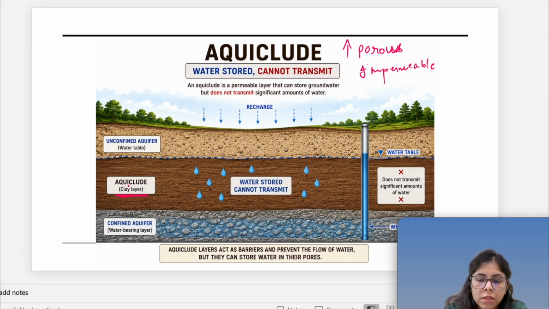So this is what an aquiclude is. And here you can see the unconfined aquifer: there is no impermeable layer above it, so if water comes here, it can be drained easily. In the confined one, above you can see there is an impermeable layer, so it is confined.